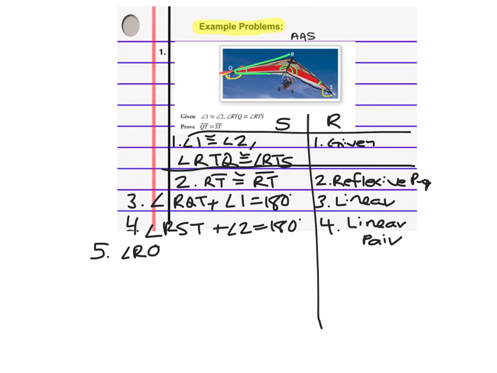So then I can say angle RQT plus angle 1 equals, they're equal to each other, right? If they both equal 180, plus angle RST plus angle 2. And that's just substitution.